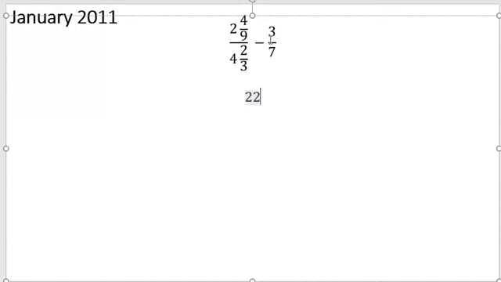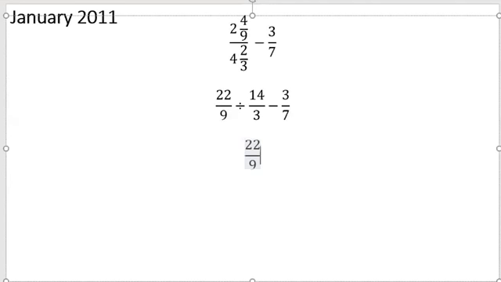So it is 22 over 9 divided by 3 fourths 12 plus 2 14 over 3, and from that we will subtract 3 over 7.